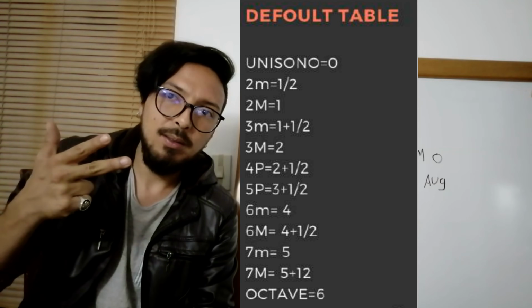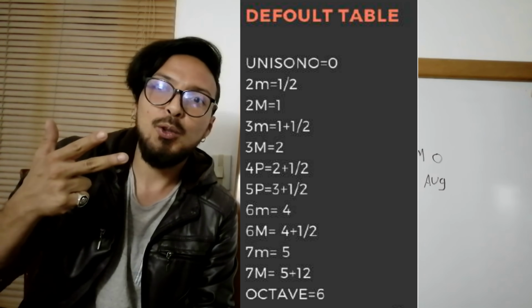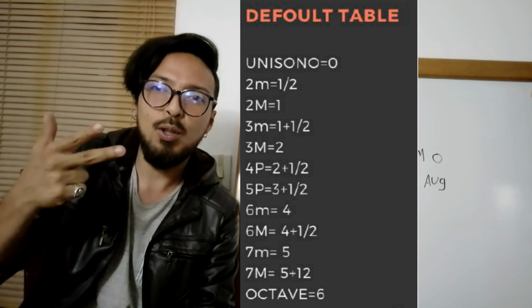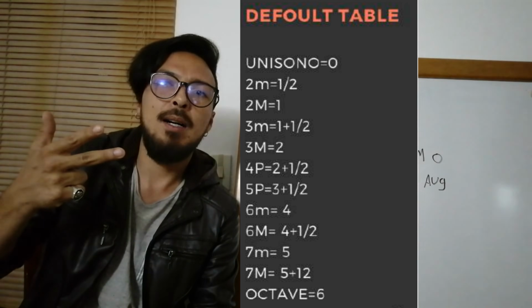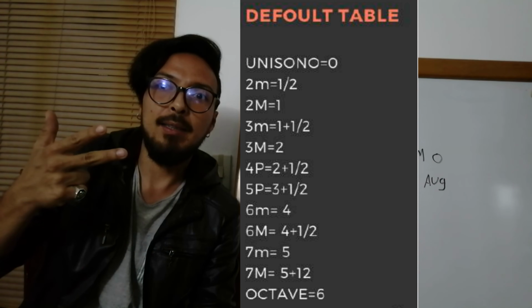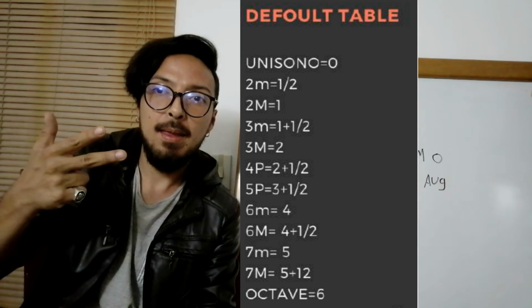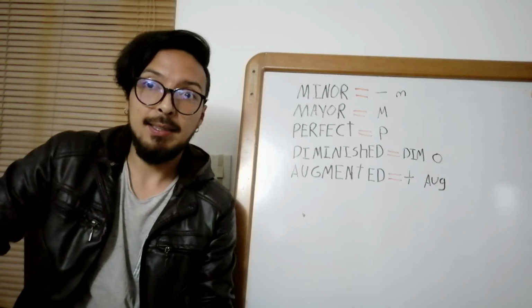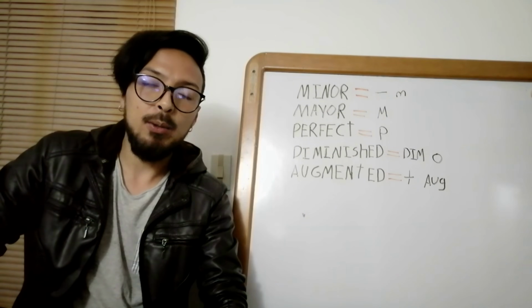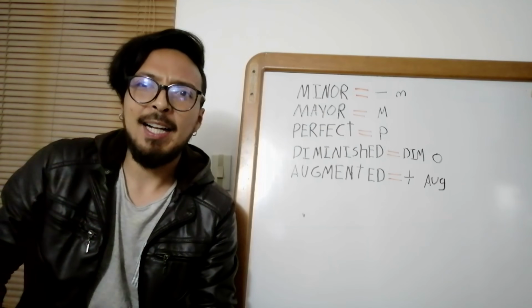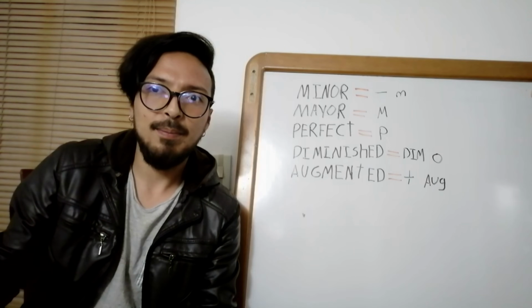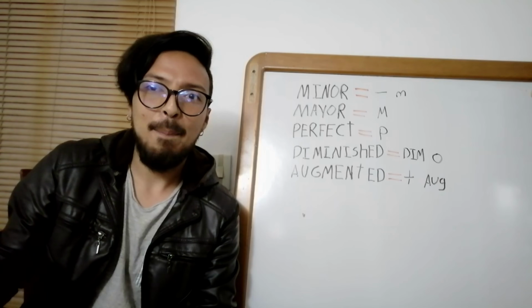The third one, we are going to take a look at our default table. We're going to do that only to double check that our interval is named properly. I assure you that after you practice this a little, you are going to know exactly how to name most of our intervals. Okay? Perfect.